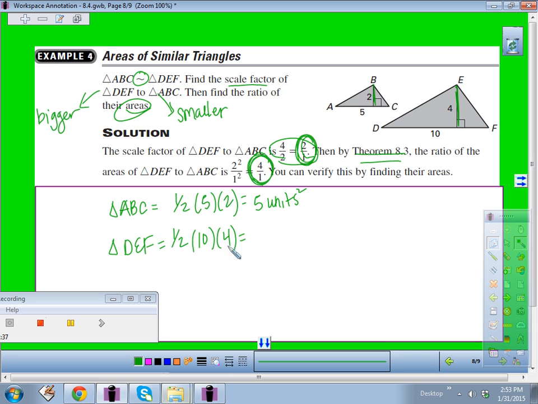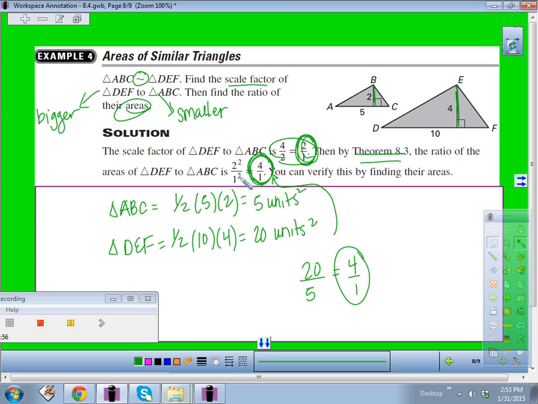Well, when we do that, we get 5 times 4, which is 20 square units. And if we do the bigger to the smaller, it'd be 20 divided by 5, which would equal 4 over 1, which matches up with that.